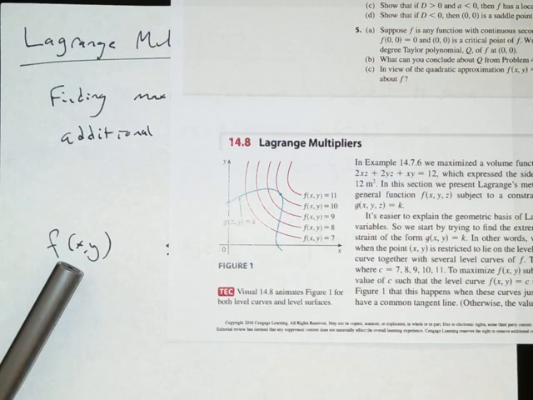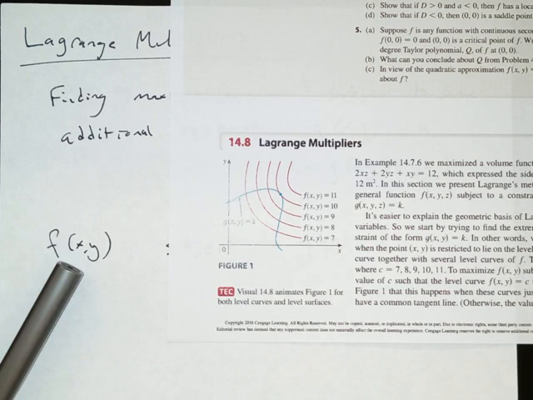Wait a minute. We talked about the direction in which f has its biggest change. What was that symbol that we came up with last week? f changes the fastest in the direction of the gradient. Exactly. So f is changing fastest in the direction of the gradient of f. g's change as a surface is in the direction of the gradient of g, right?